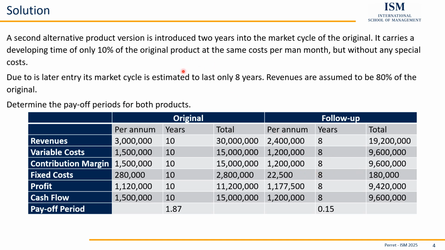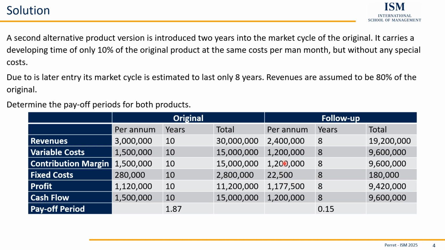Regarding the development, I have here the information that developing time is only 10% of the original, but at the same costs. So instead of 200 man-months, I only need 20 man-months at 9,000 still. But I do not have any special costs on top of this. So it's simply 20 times 9,000, giving me the 180,000 in total, again divided by 8, giving me this value per annum.